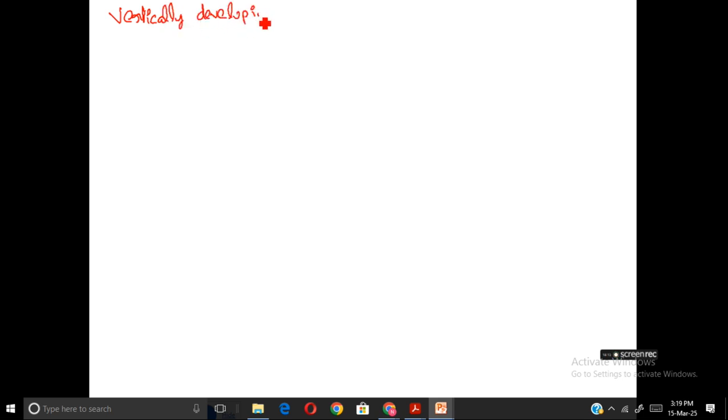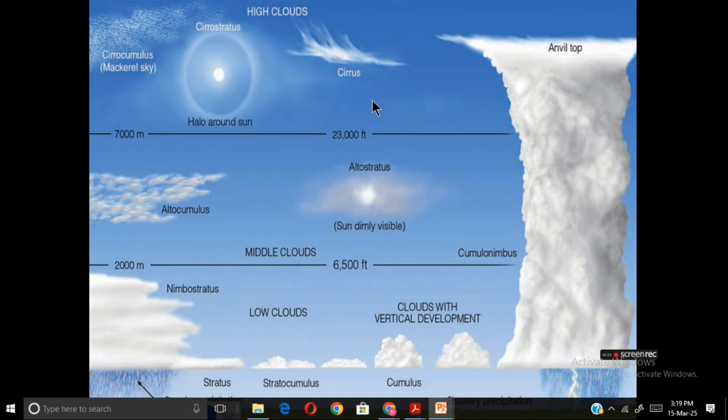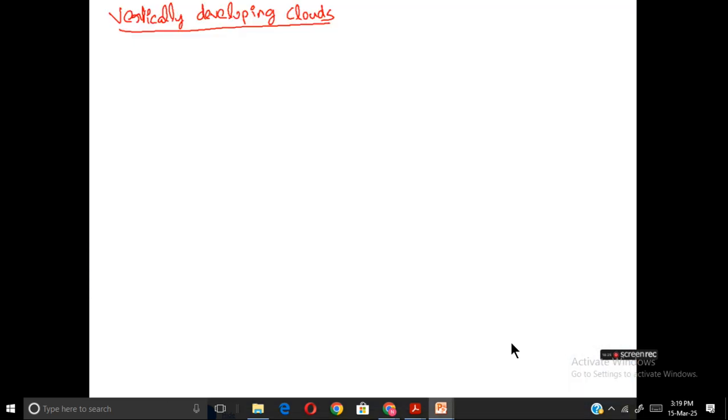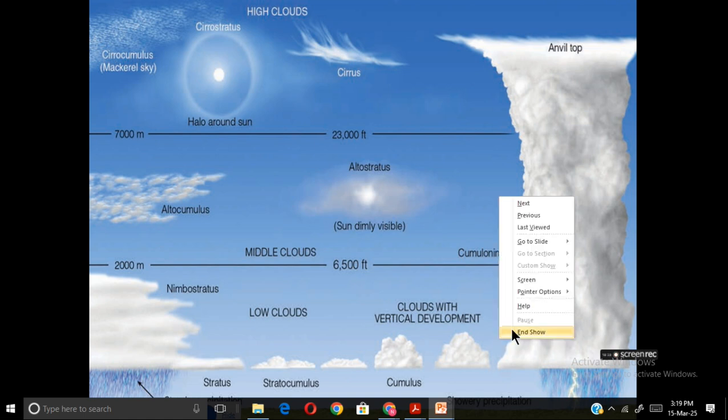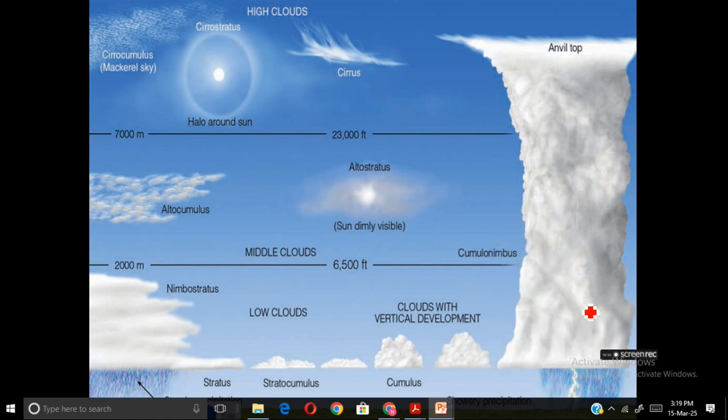The height of the cloud increases, and it extends to a higher height in the atmosphere. As you can see, this is a single cloud. The base of the cloud is around here, and it goes up to a height greater than 7 kilometers. So this is a vertically developing cloud. This much vertical development it has. This kind of vertically developing cloud is known as cumulonimbus.